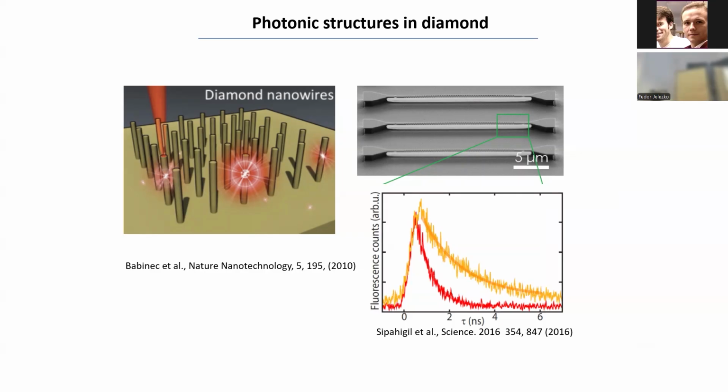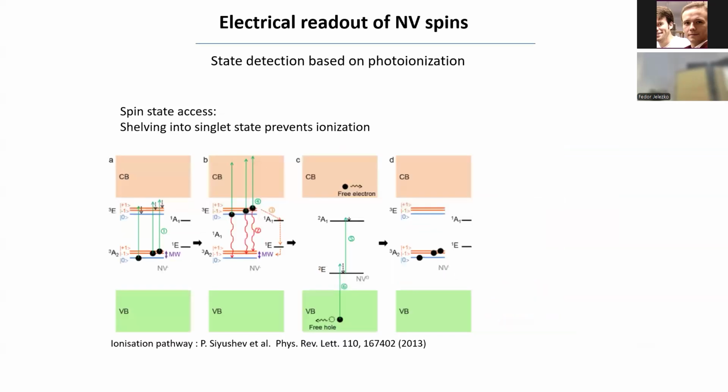You can get a faster decay of color centers, but also a better directionality of emission. And here you see an example of silicon vacancy center emission. In free space, it has a couple of nanoseconds fluorescence lifetime, but being in a cavity and tuned to it, it can have a higher rate of fluorescence emission, and also higher directionality, emitting in one particular mode. That allows you to improve collection efficiency.